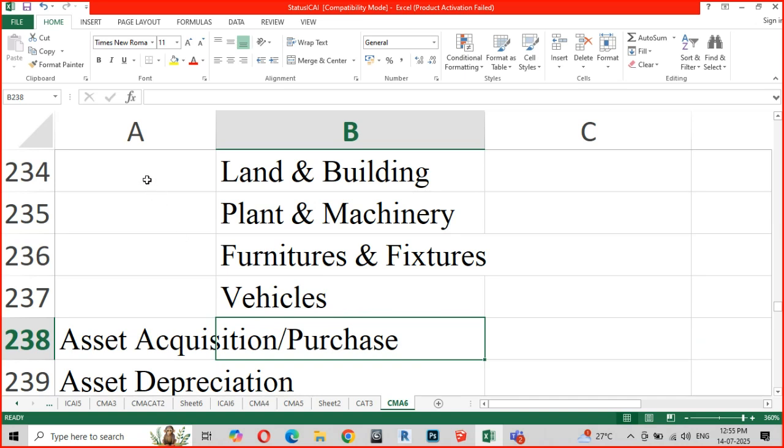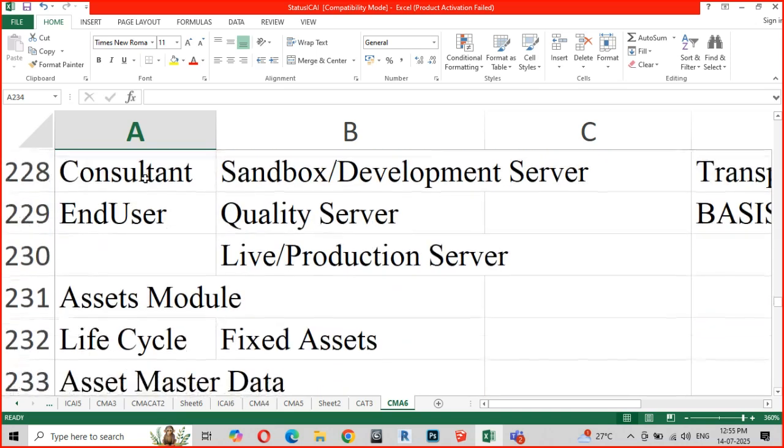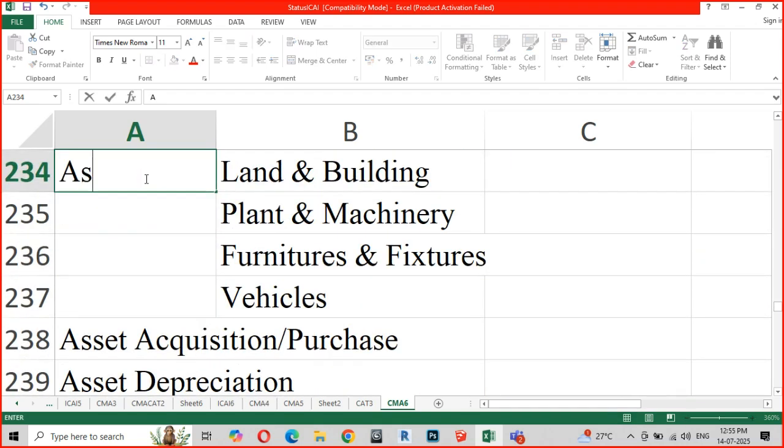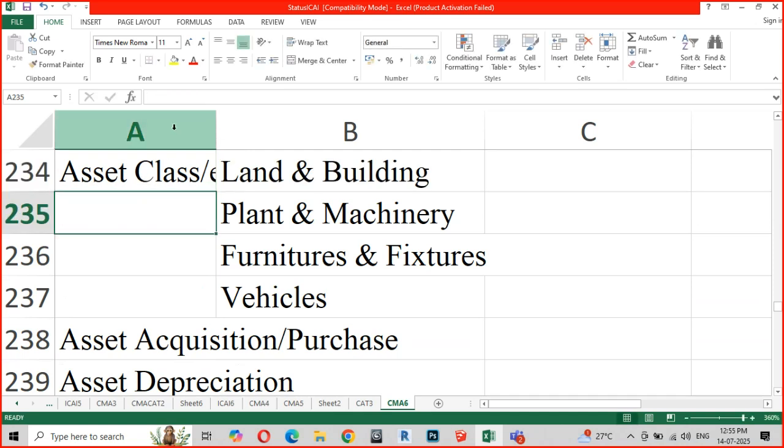And this is called, in SAP, an asset class or asset classes.